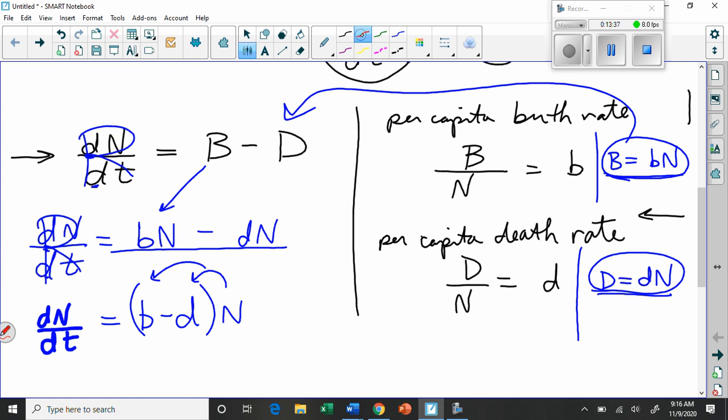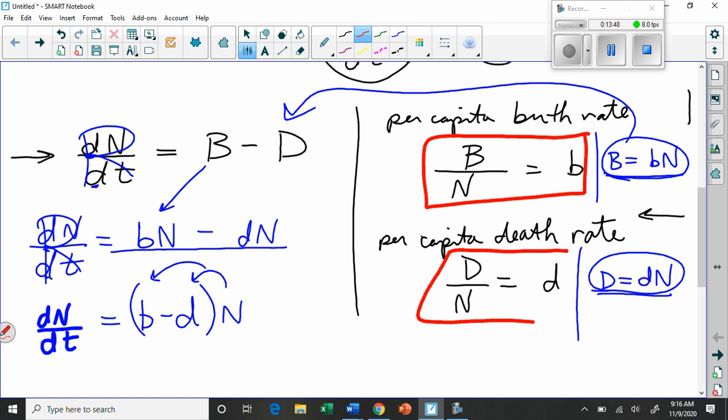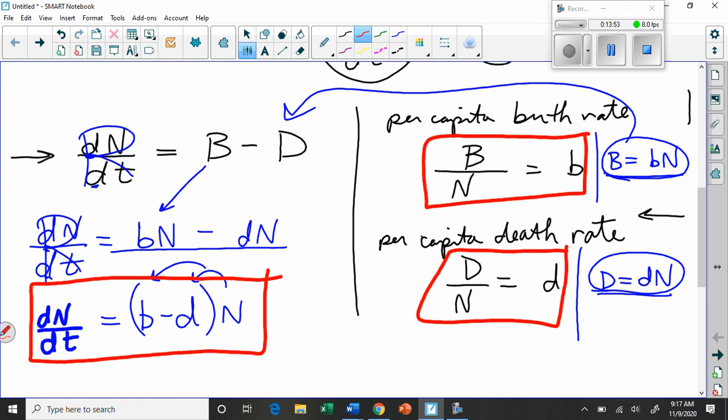Here's what you should know out of this. You should know how to calculate a per capita birth rate by dividing the birth rate by the total number, and how to do a per capita death rate. And then you should know this is how you calculate the change. Those are the three things that are critically important from there.